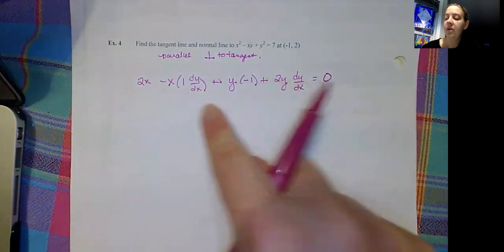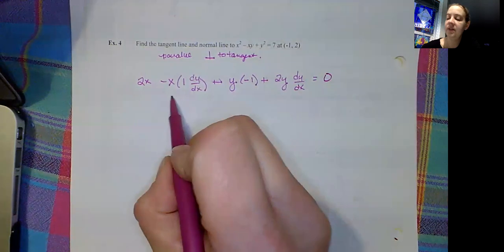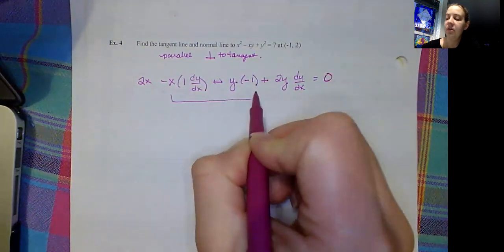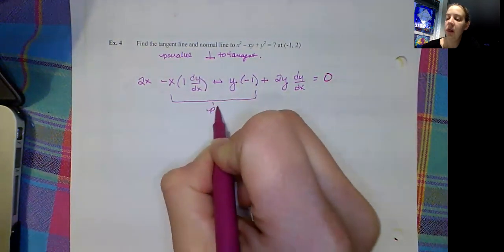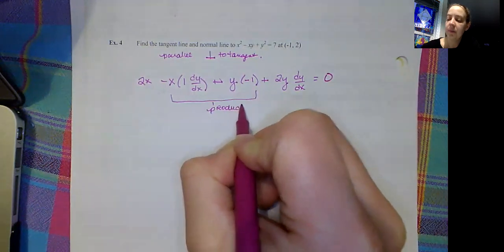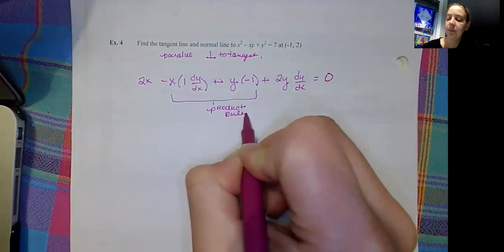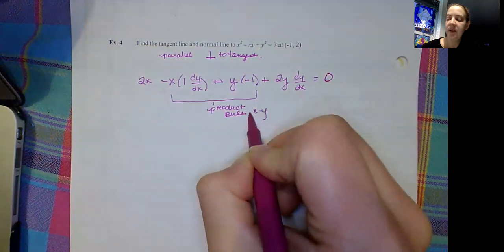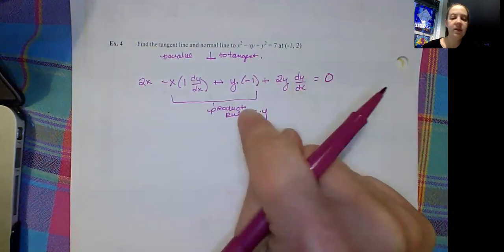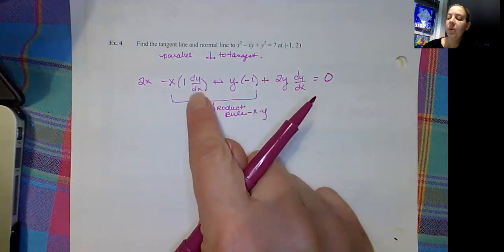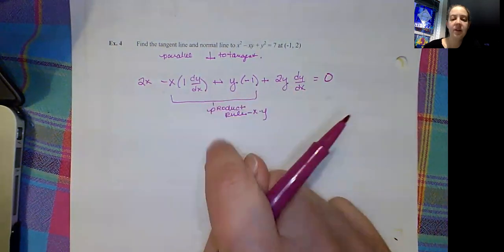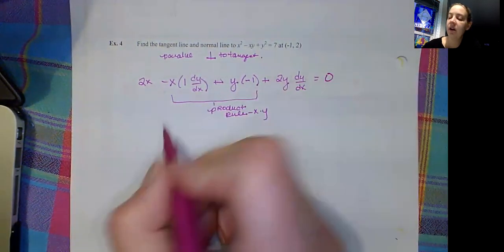So here we go. Long, long, long implicit differentiation. All of this, as a reminder, was your product rule for that x times y piece, that negative xy. What we're going to do is get dy dx on one side and everything else on the other.